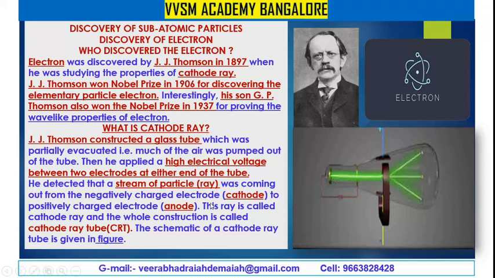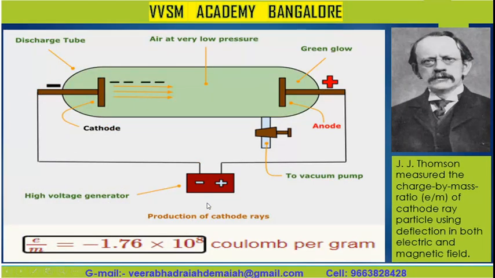Well, let us study the description of the cathode ray tube. It consists of a gas tube with air at very low pressure.